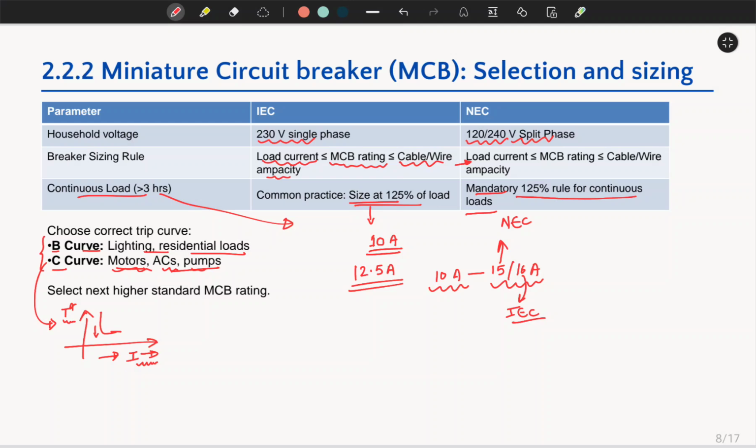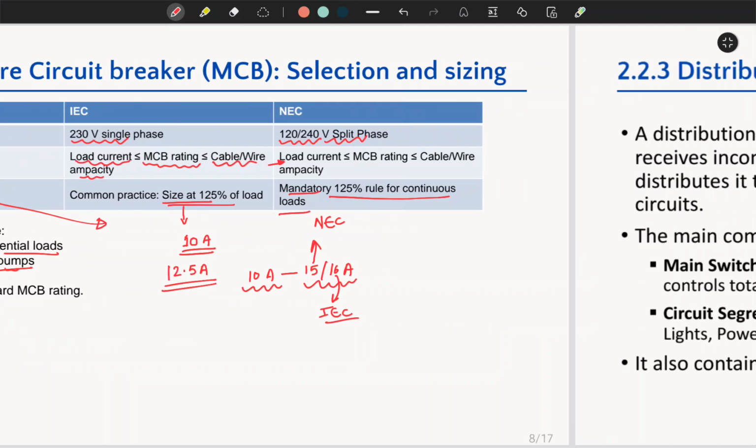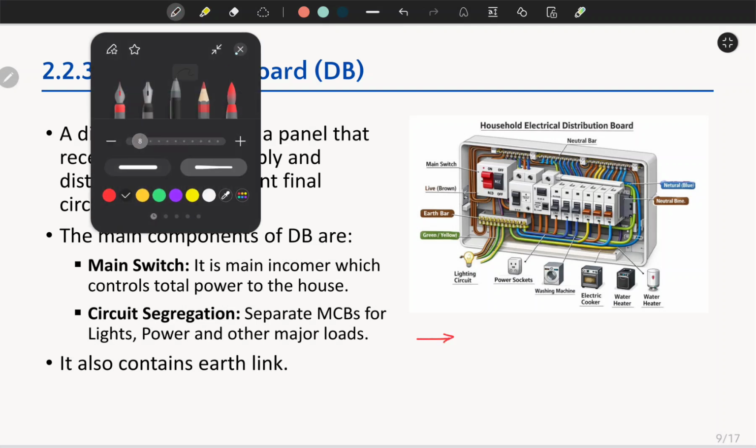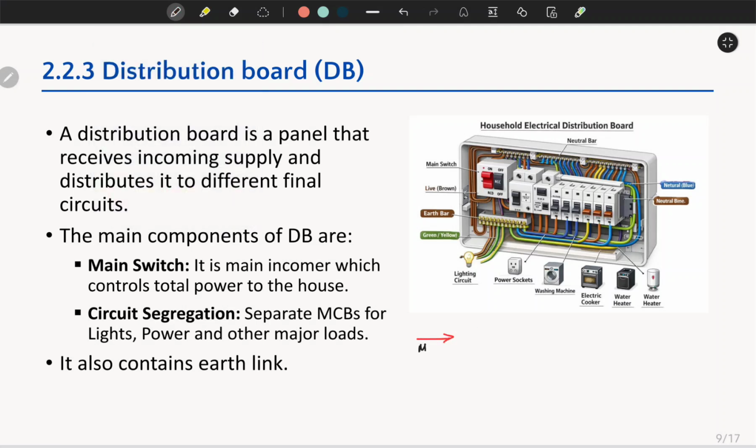Now let's move to the next topic of this chapter, the distribution board. You have seen a distribution board in your house also. The main purpose of the distribution board is to take the supply from mains and, having some protection arrangement, then distribute it to other parts of the load.